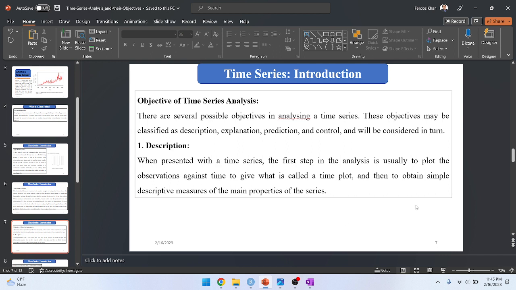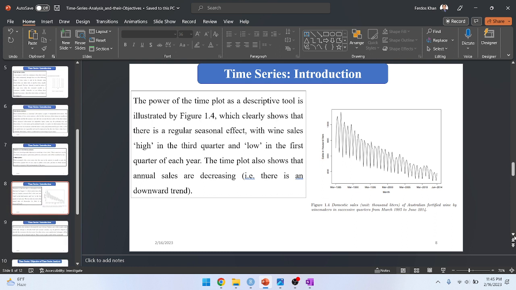This is very important because you can see different aspects of the data when you plot the data. Plotting is very important. You can see there is a pattern in this data. The power of the time plot as a descriptive tool is illustrated by this figure.